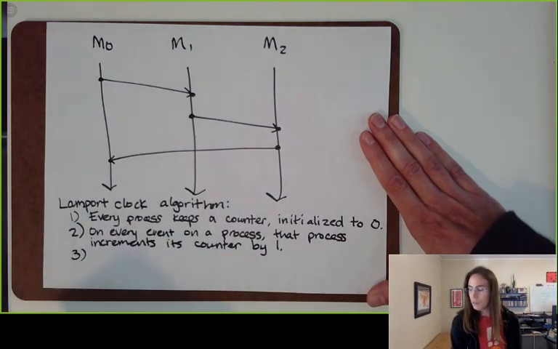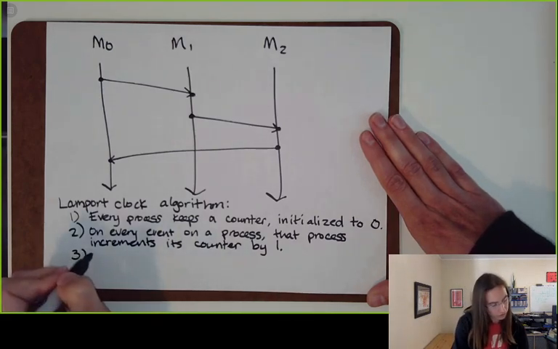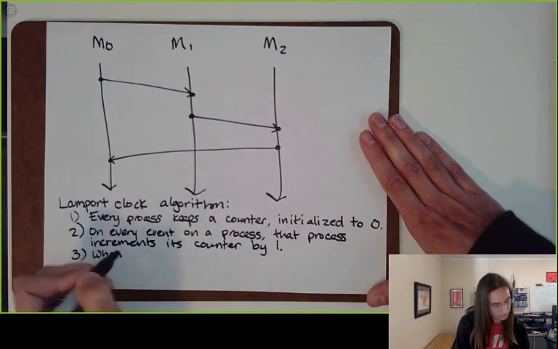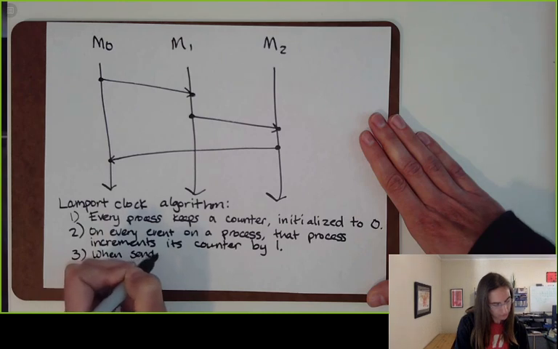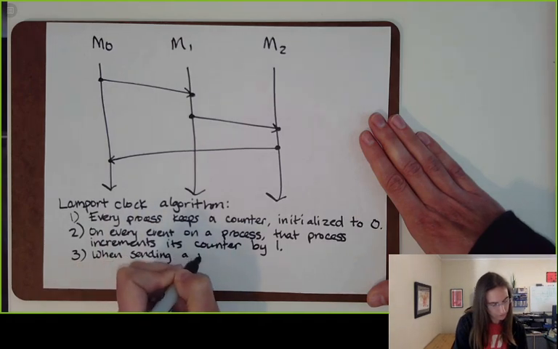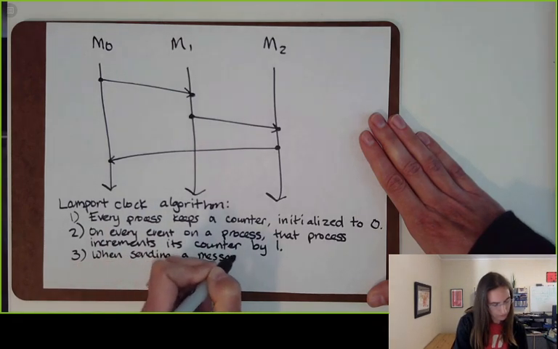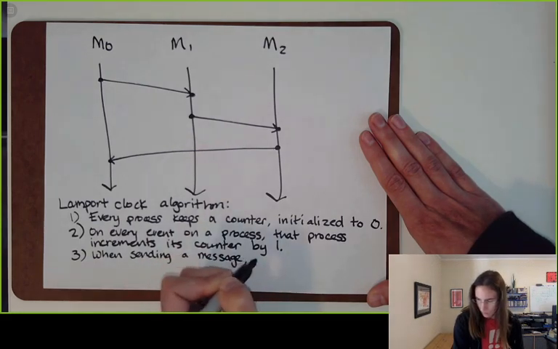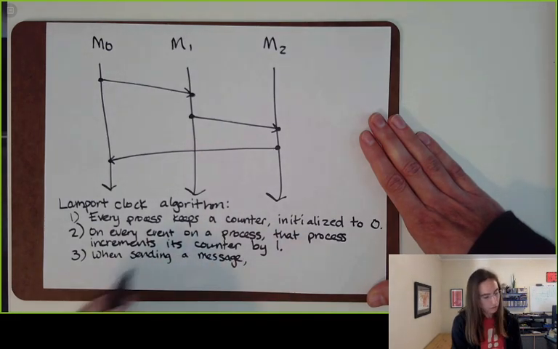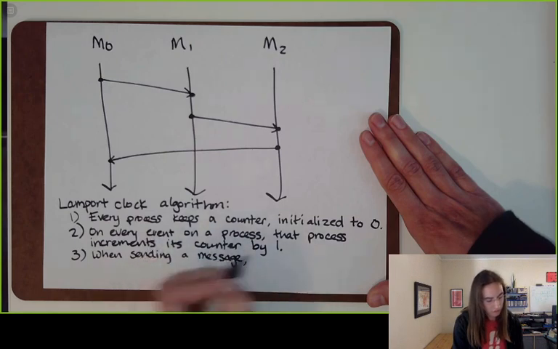Third step is, when you send a message, you need to include whatever your current counter is along with the message.